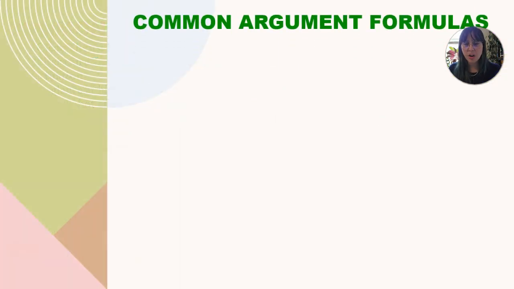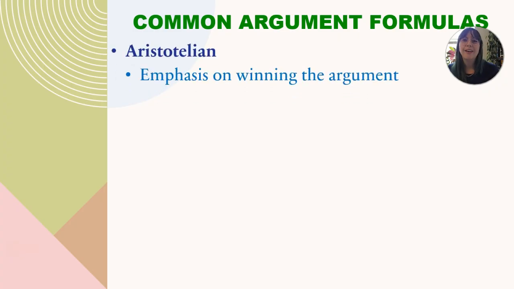So some common argument formulas that pretty much everybody taking critical thinking and writing is going to be learning about in America. The Aristotelian formula emphasizes an attitude of winning the argument, like it's a competitive sport.